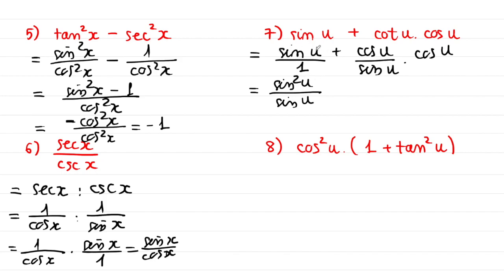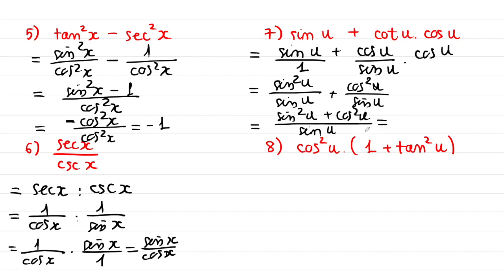So sine u in the numerator becomes sine square u over sine u, and the other term is cos square u divided by sine u. They have the same denominator, sine u, and you can combine the numerators together, sine square u plus cos square u. Here is the original formula about cos square and sine square, so it is 1 over sine u.